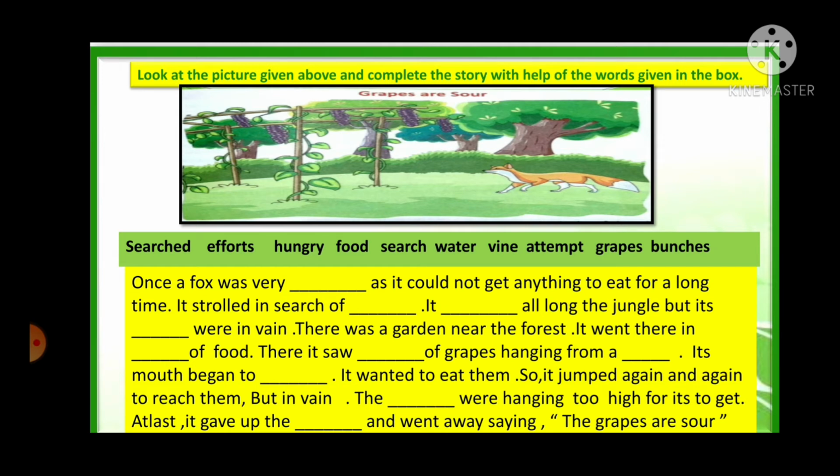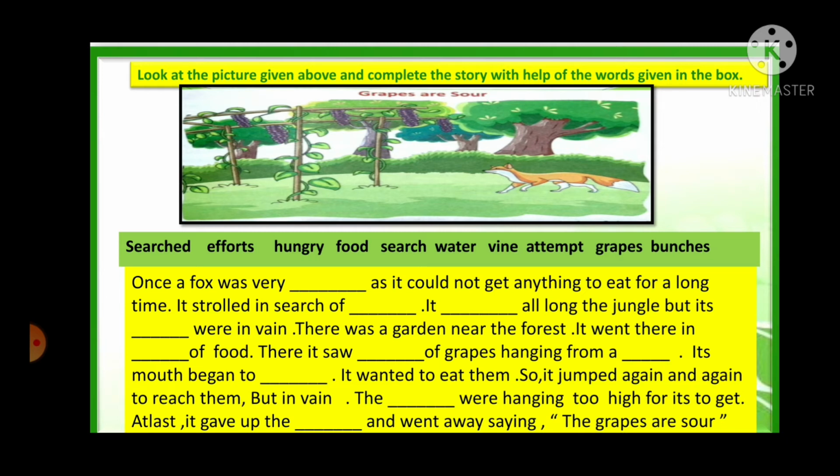There it saw dash of grapes hanging from a dash. Its mouth began to dash. It wanted to eat them, so it jumped again and again to reach them, but in vain. The dash were hanging too high for it to get. At last it gave up the dash and went away saying the grapes are sour, right?